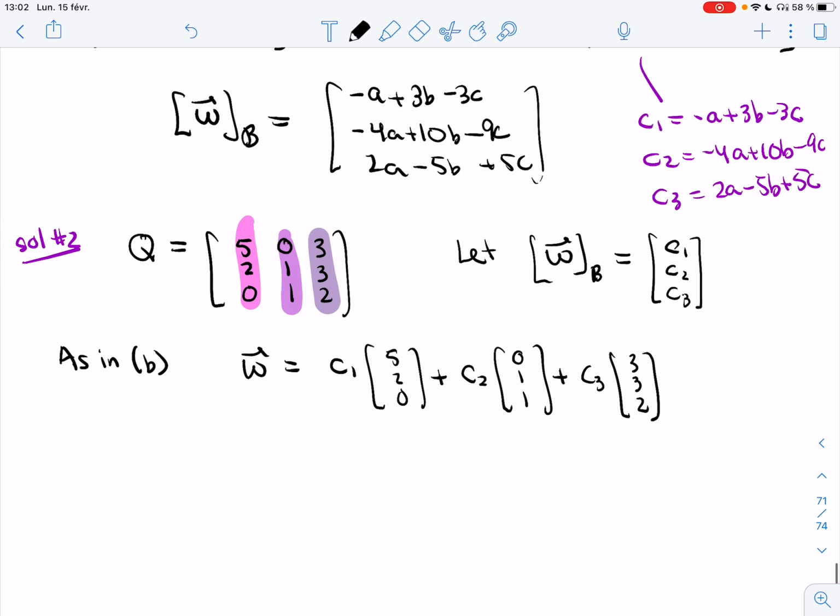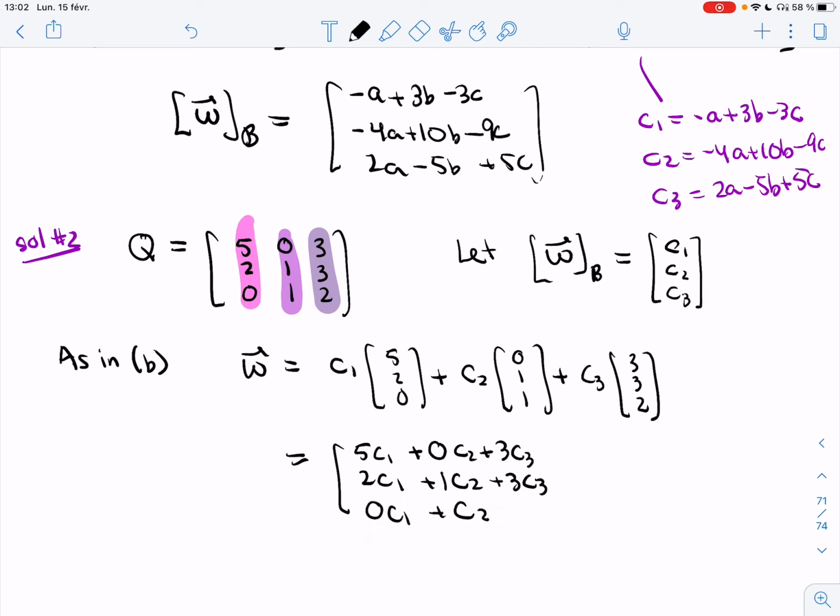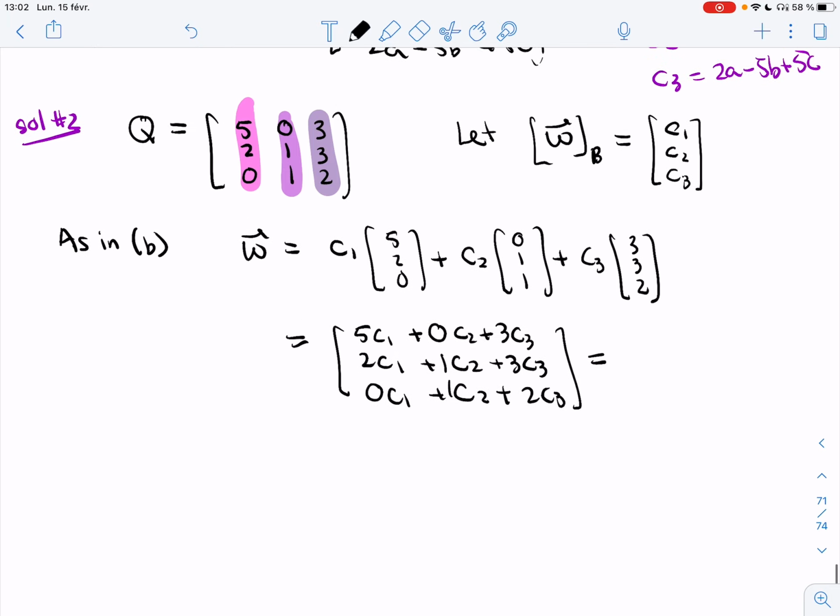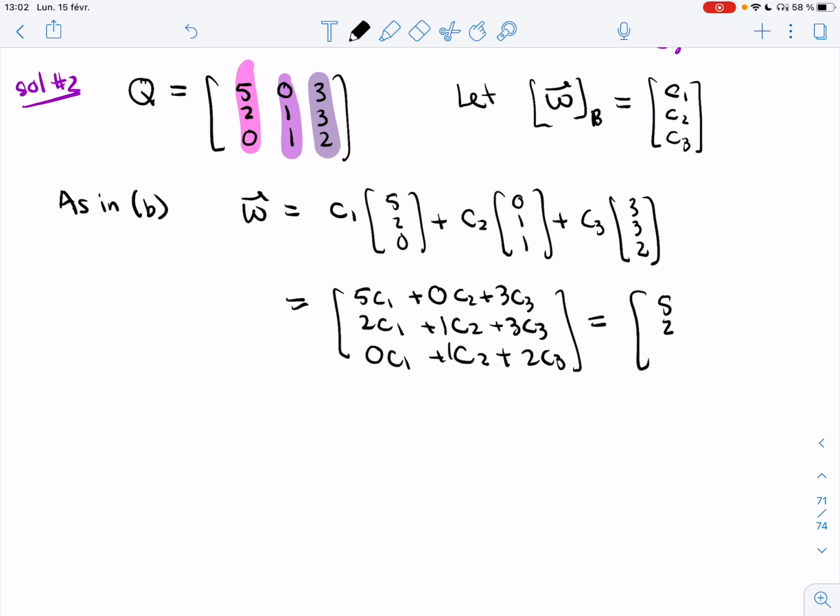Don't know if you remember this, but you could see a linear combination as a product of matrices. Let me show you. So I get 5C1 plus 0C2 plus 3C3, I get 2C1 plus C2 plus 3C3, and I get 0C1 plus C2 plus 2C3. And I could write this as Q, the 3 vectors like this.